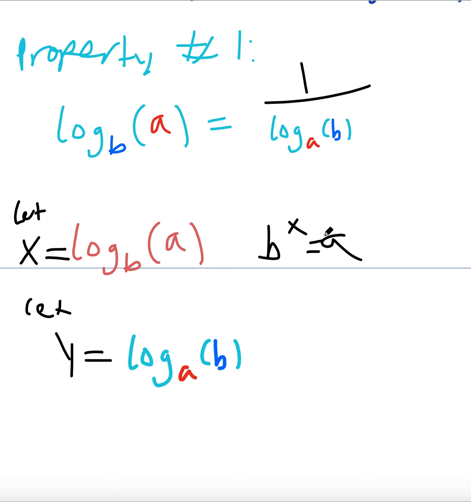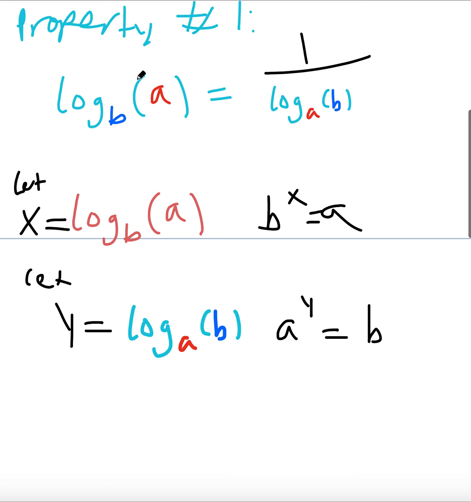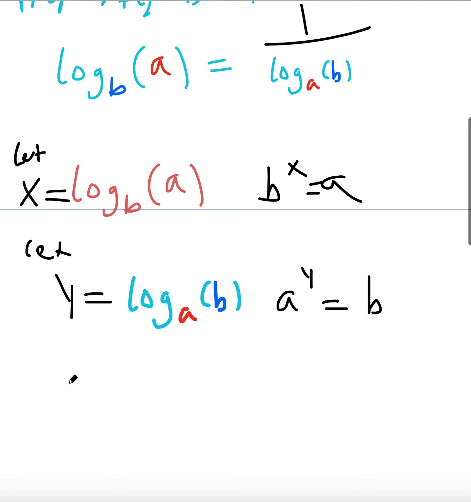And so what that means is a to the power of y equals b, because y is the power to which you raise a to get the result b. Now, if you look at the expression on top, if we can prove x equals 1 over y, we're done, because we're just substituting in the variables. So if x equals 1 over y, we're done.